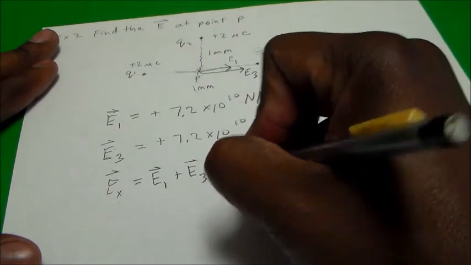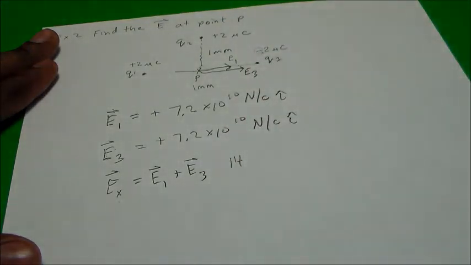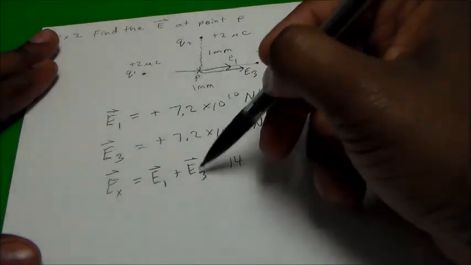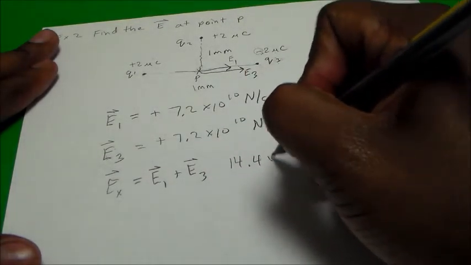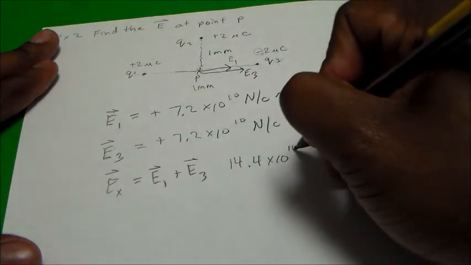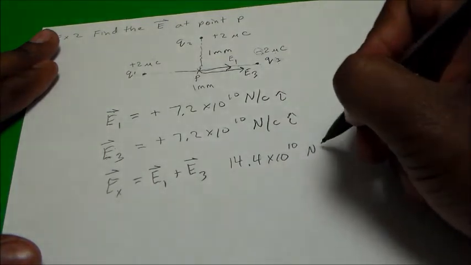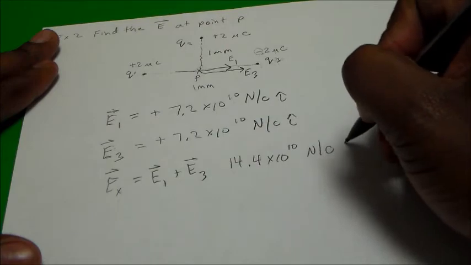We end up adding those two together, both x components, right? We end up with 14.4 times 10 to the 10th newtons per coulomb.